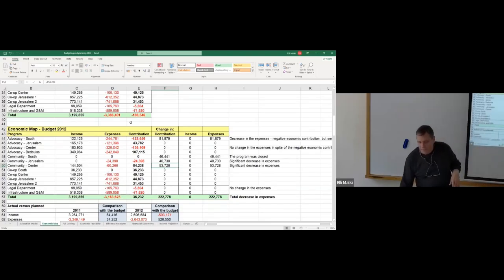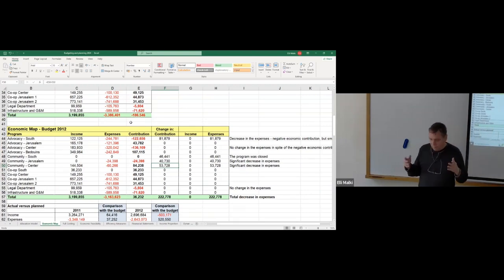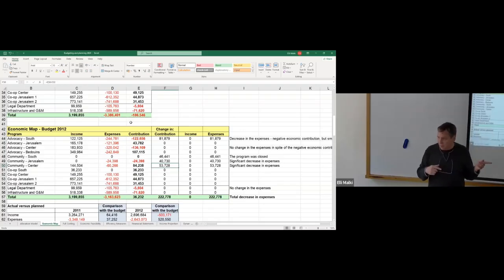Now, the column change in contribution can be the result of either a change in income or a change in expenses or both. Okay, here in this example, which is a simpler example, the only source of changes is the expenses side, because we assumed that income will be the same as in the previous year.